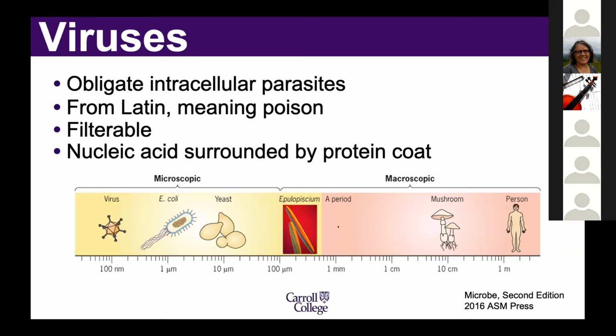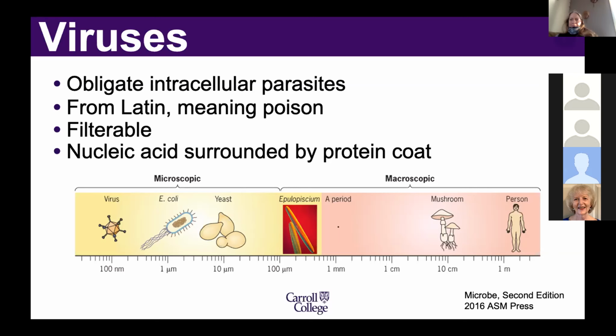That nucleic acid is surrounded by a protein coat or capsid. Some additional features are possible. For example, most animal viruses contain an exterior membrane made of lipids and other biomolecules. This is called an envelope, and it plays an important role in attachment to host cells.